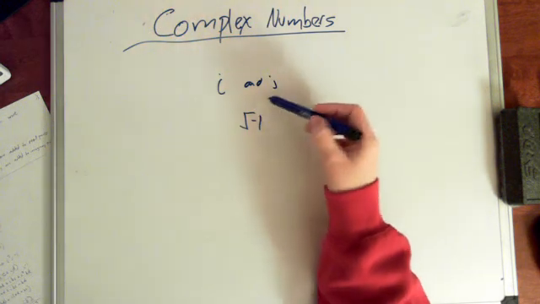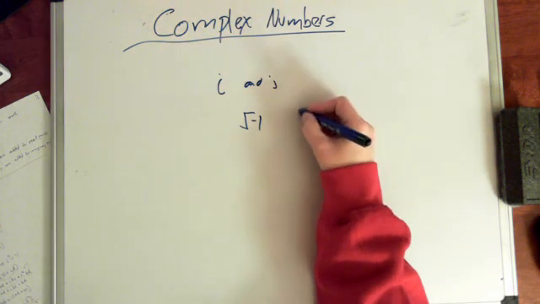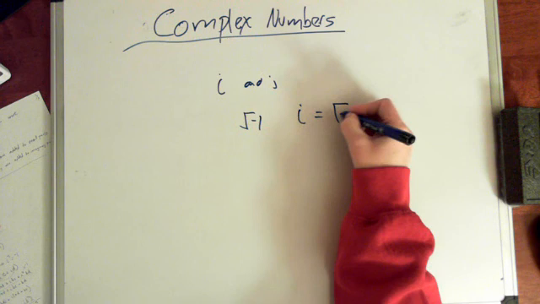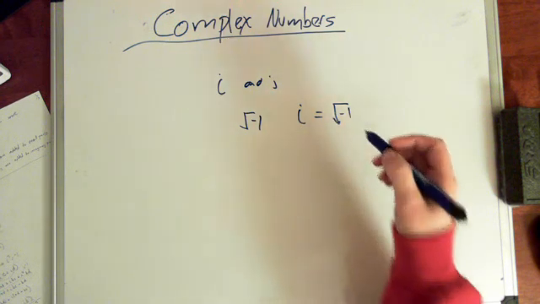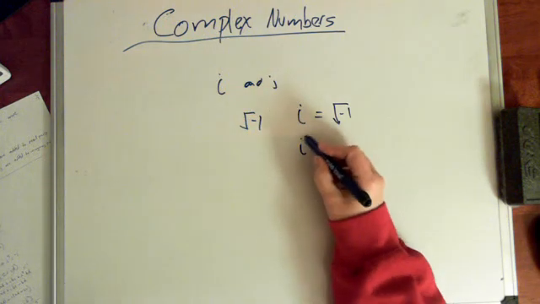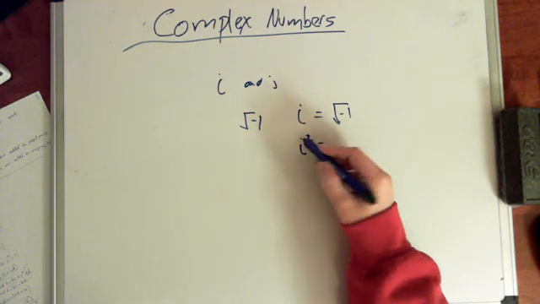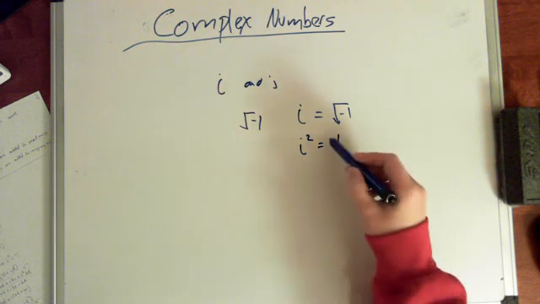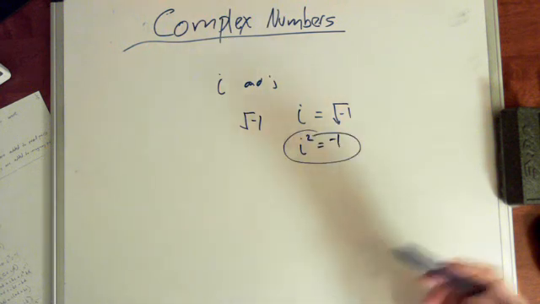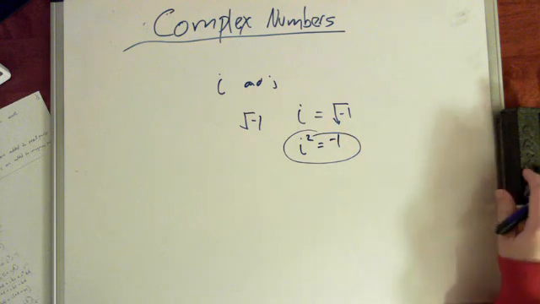In the context of our handbook, we're dealing primarily with i, which is equal to the square root of -1. It also means that i squared is equal to -1. We'll use this as we go along, but I just want to point that out at this point.